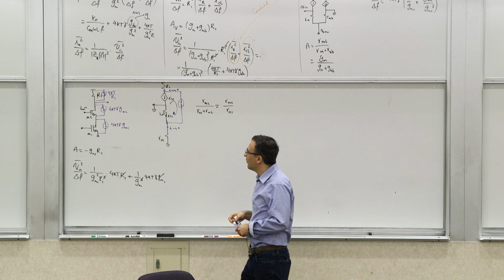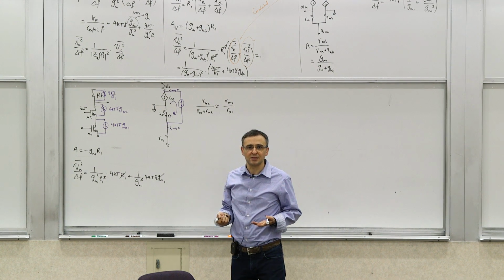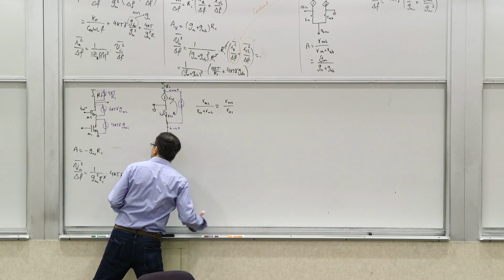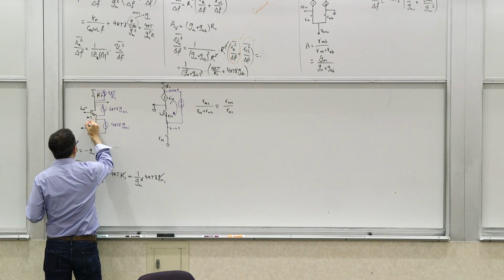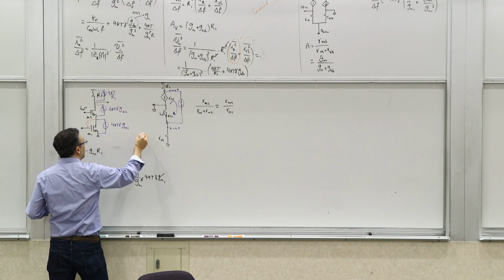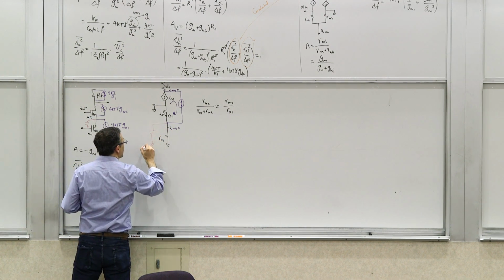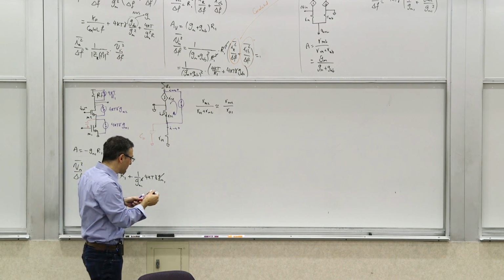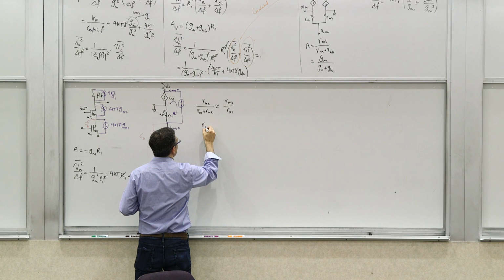But now, what happens as the frequency increases? We haven't taken any capacitors into account, but there could be some capacitance here, let's say CO1. Then the division happens between RM2 and ZO1.